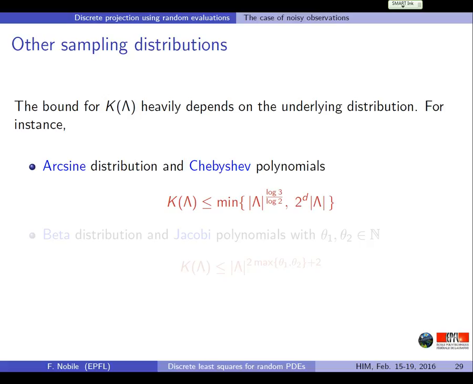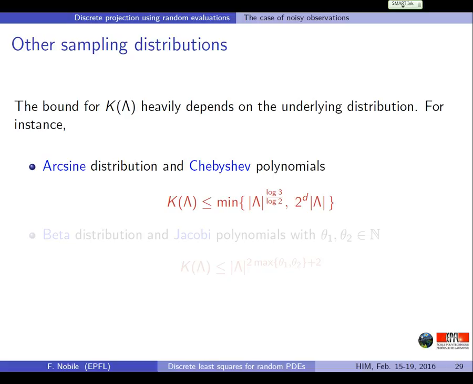If you change the distribution and the corresponding orthonormal polynomials, the relation changes. For instance, if you use the arcsine distribution, the Chebyshev polynomials are uniformly bounded. So you can get linear scaling, but with a constant that might blow up in the dimension.